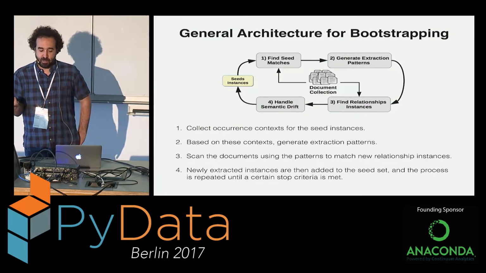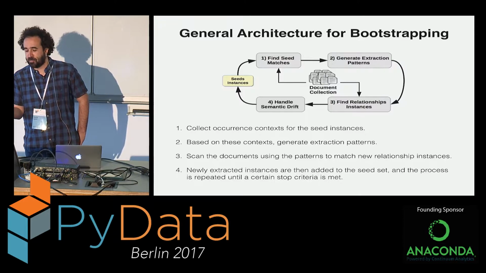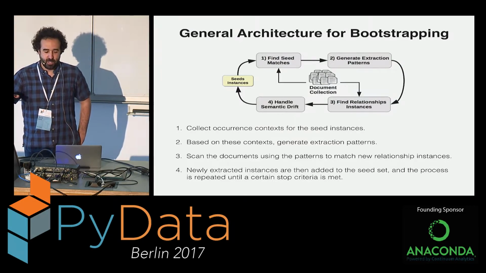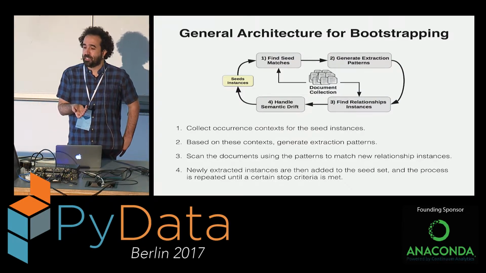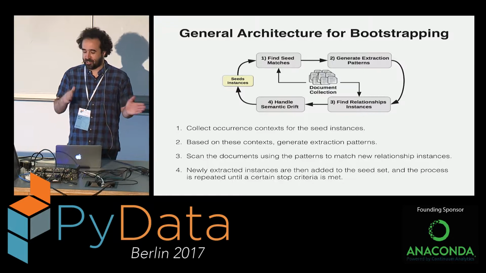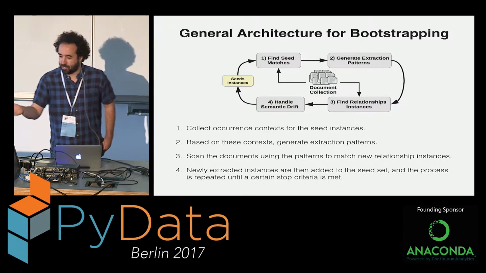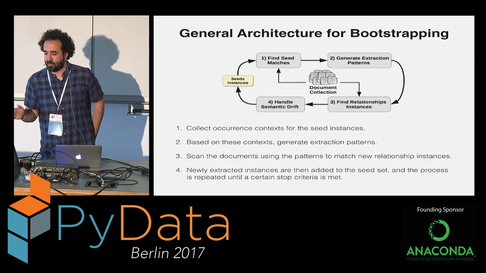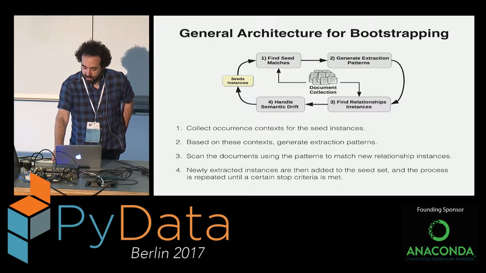Then you use those patterns to extract more relationships, and then at the end, you can add them to the seed set again and reiterate this process. In the last step, you always have to find a way to know if your system is going in the right direction or not, due to semantic drift, when things start to go a bit crazy. And that's why usually you also have to score the patterns and the instances. I will show that in more detail.